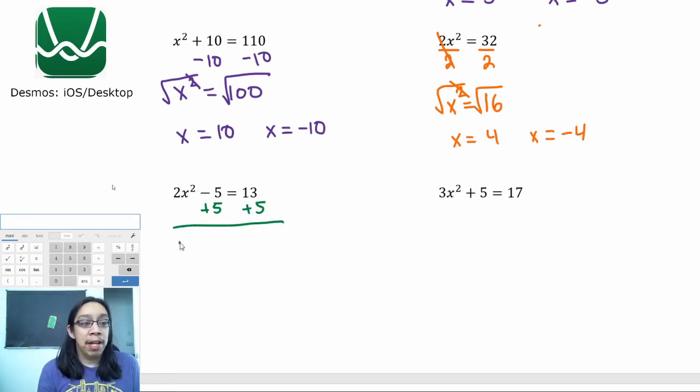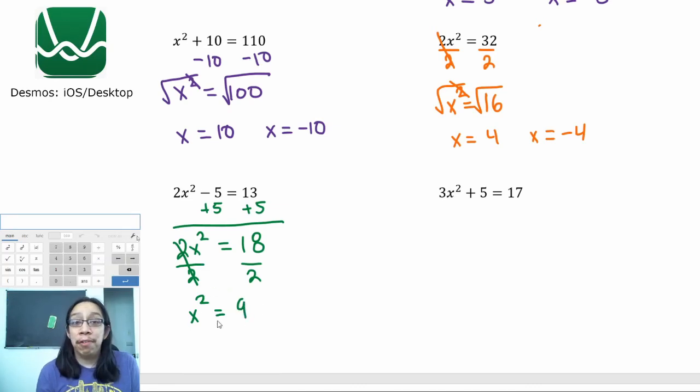Here we're going to have 2x squared equals 18. Again, because I added 5 on both sides. Now from here what we can do is divide both sides by 2 so we can simplify out this 2 that's being multiplied. If we do that, then we're left with x squared. And on the other side, we have 18 divided by 2, which is just 9. All we have to do from here is just take the square root of both sides one more time, and we're left with x is equal to 3, and x is equal to negative 3.